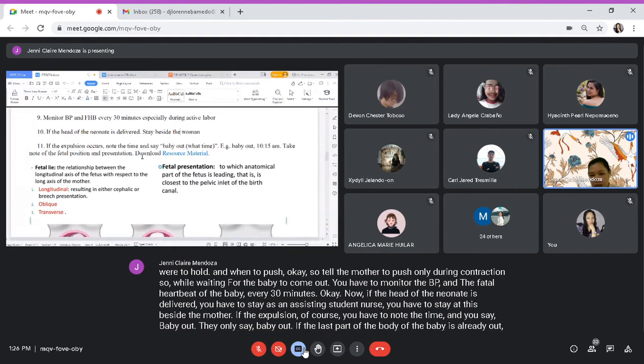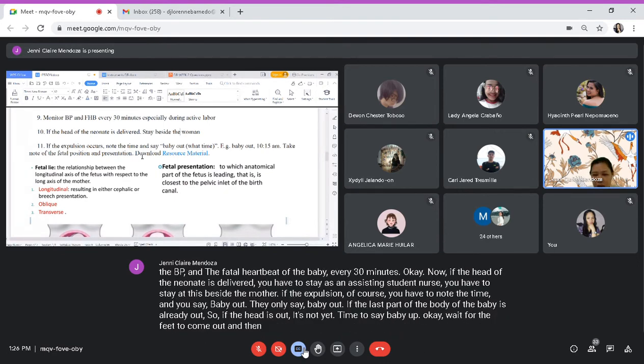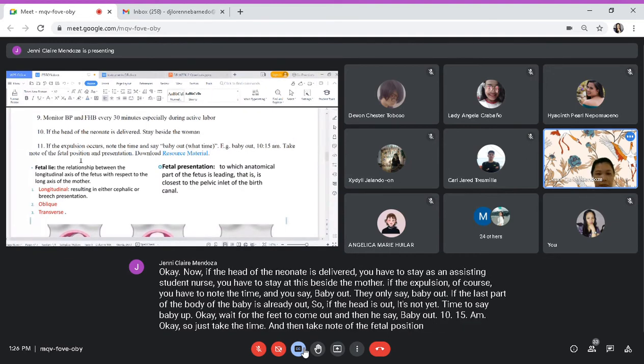If the head is out, it's not yet time to say baby out. Wait for the feet to come out and then you say baby out, 10:15 a.m. Just take the time and then take note of the fetal position and presentation.